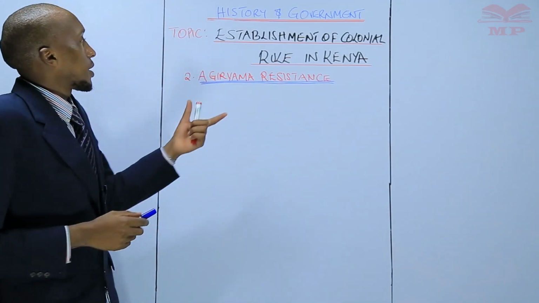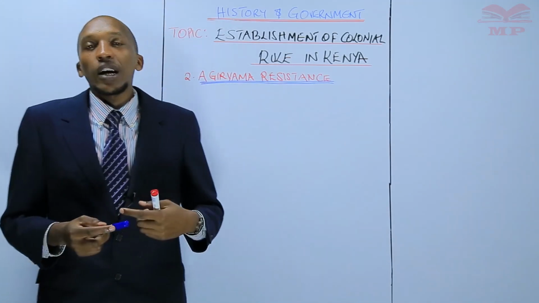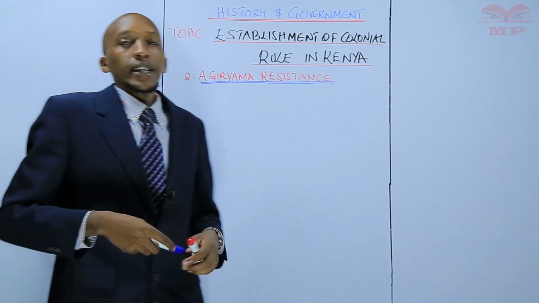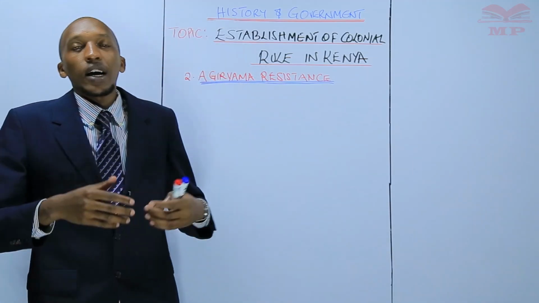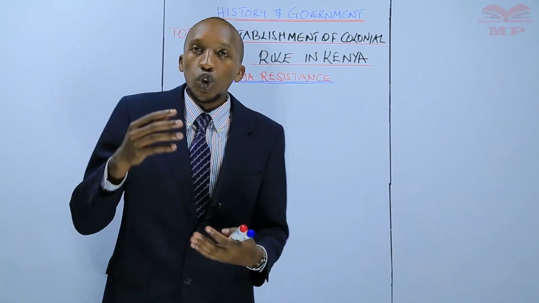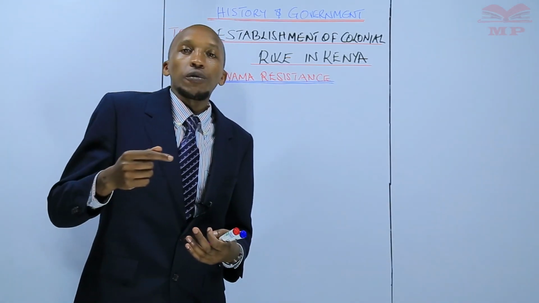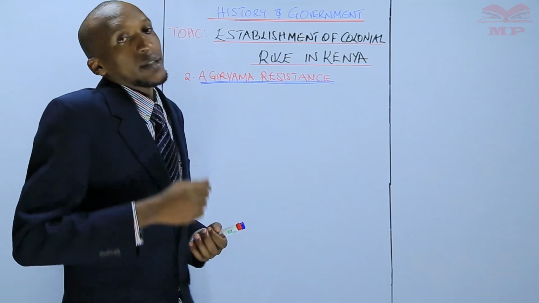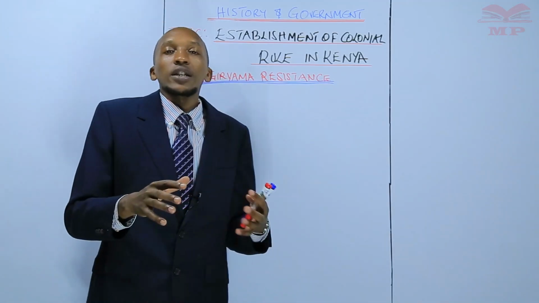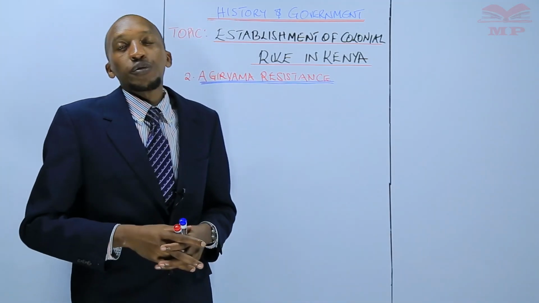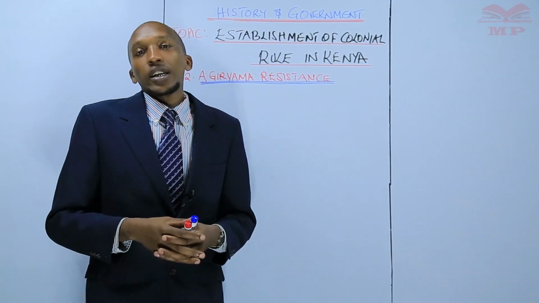The Agiriama community is a community among the coastal Bantus. They are part of the Mijikenda. So they are found in the coastal part of the Kenyan territory.